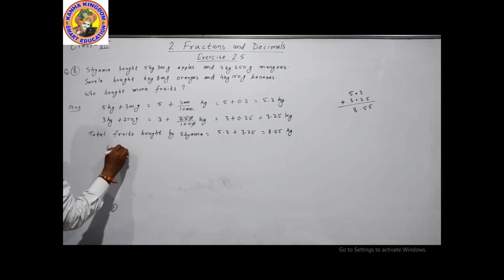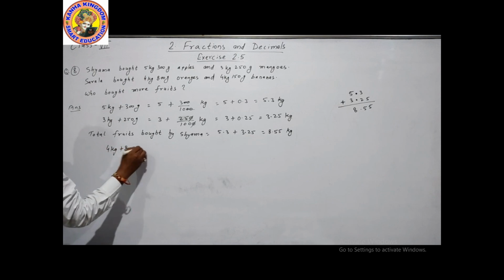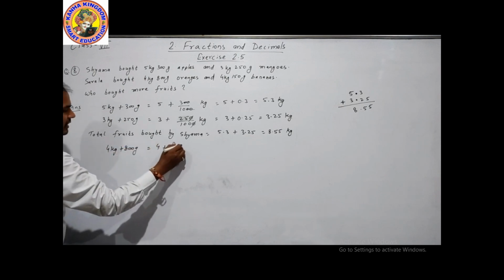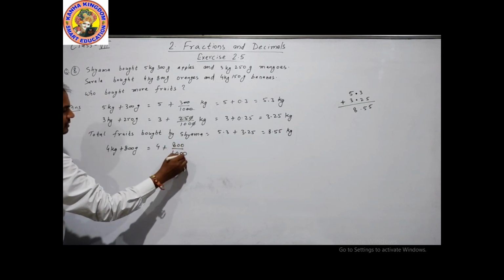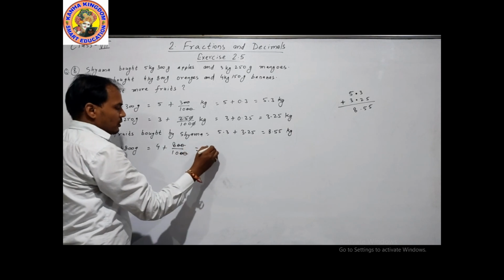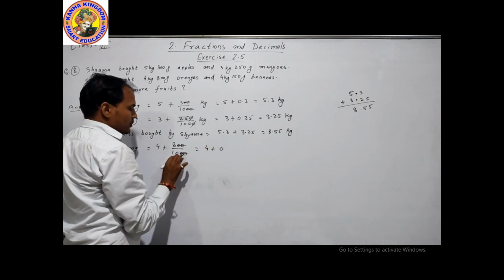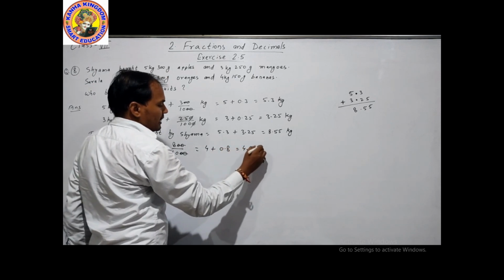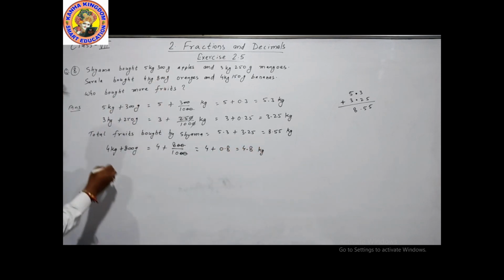Now Sarla bought 4 kg plus 800 gram. 4 kg is 4 plus 800 gram converted into kilogram by dividing by 1000. 20 and 20 can cut. So 4 plus 10 means 1 decimal point. So the answer is 4.8 kg.